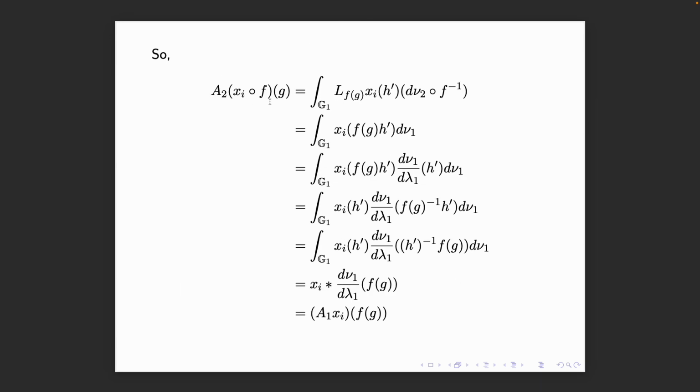And so putting all this together, we have the left-hand side is equal to the integral over G1 of xi of f of g h prime. h prime just refers to an element of G1 with respect to nu1. Now we're going to reintroduce d nu1, d lambda 1, or you can always change variables using the Radon-Nikodym derivative. That's why it's really nice.